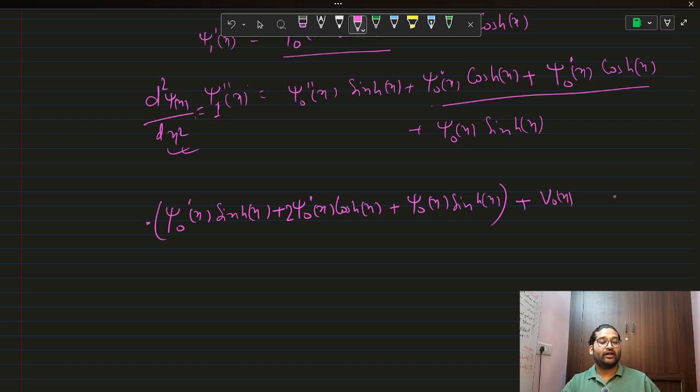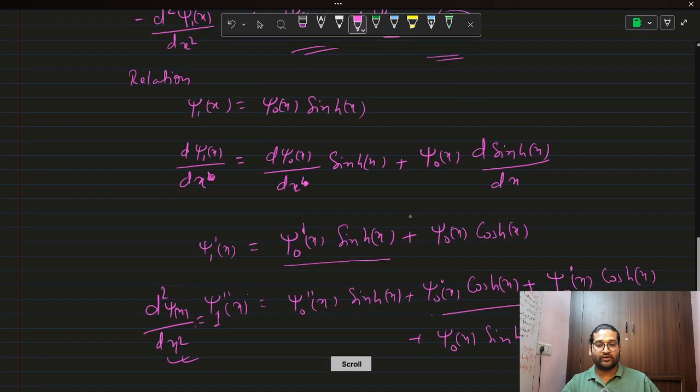Okay, and here there is psi 1 x, so this will be written as psi naught x sine hyperbolic x is equal to minus psi naught x sine hyperbolic x.